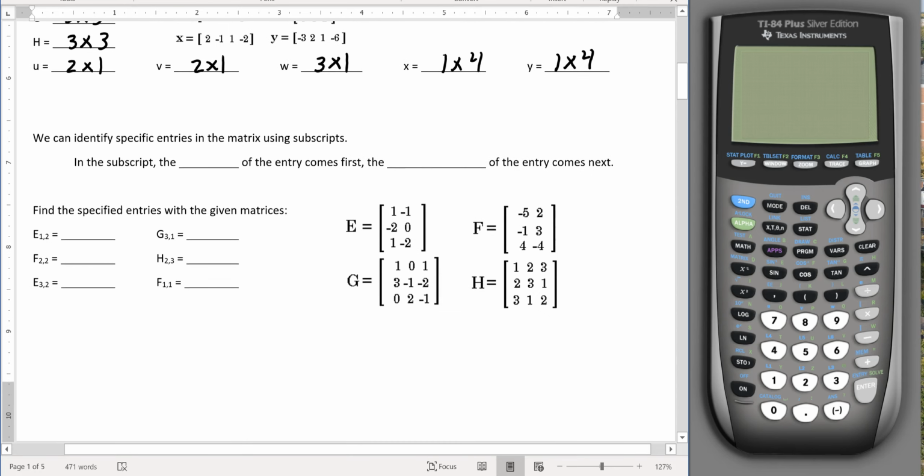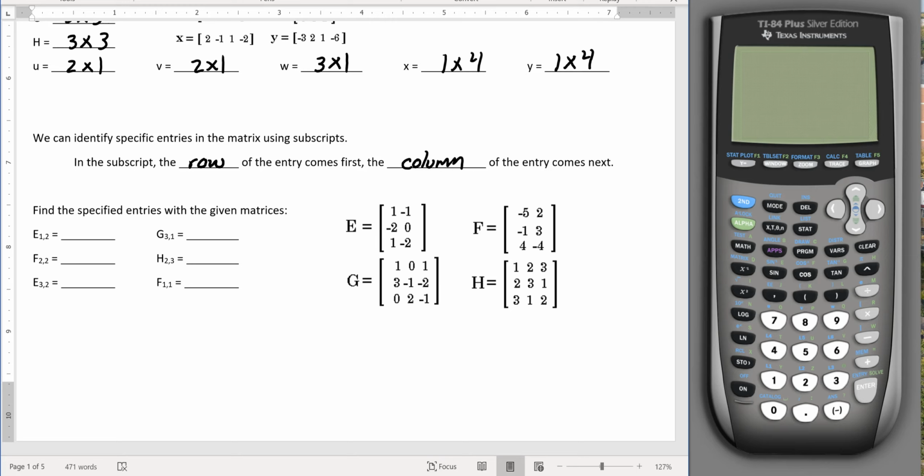Now we can identify specific entries, specific values in the matrix using subscripts. In the subscript, the row comes first, and then the column comes second. So I have some examples of matrices here, E, F, G, and H. If I ask for what E12 is, that's saying in matrix E, what is the value in the first row, second column?